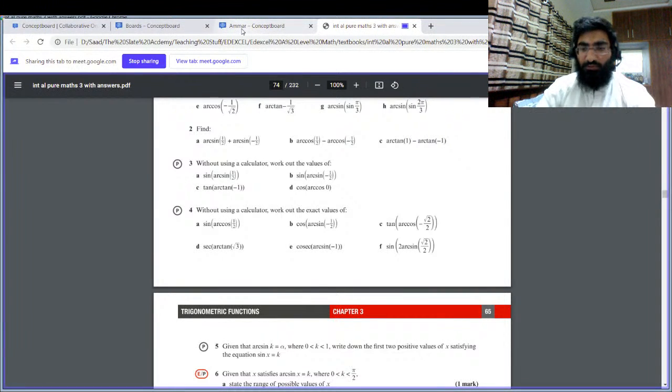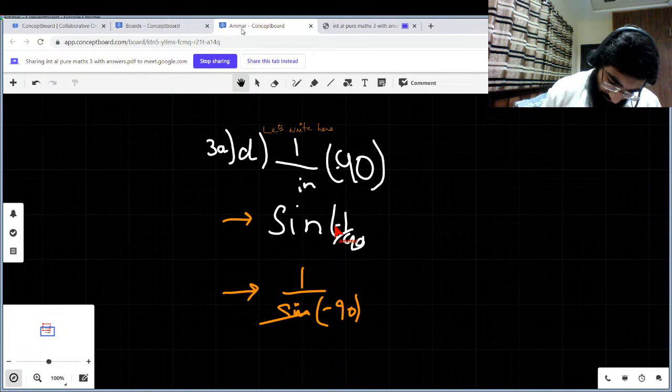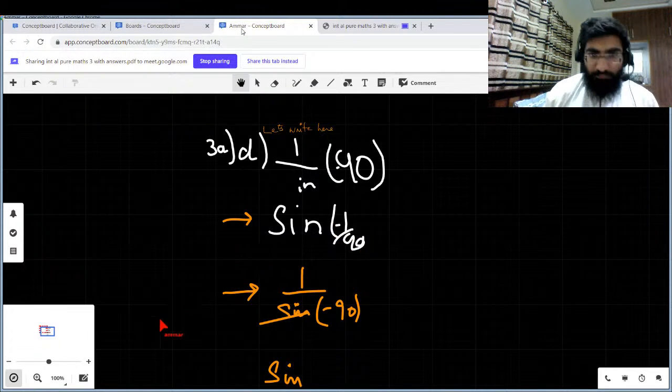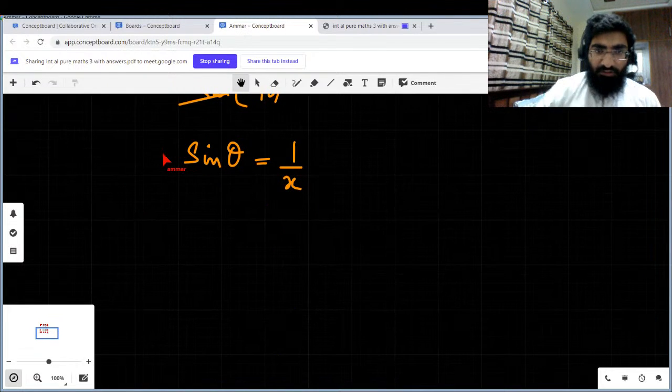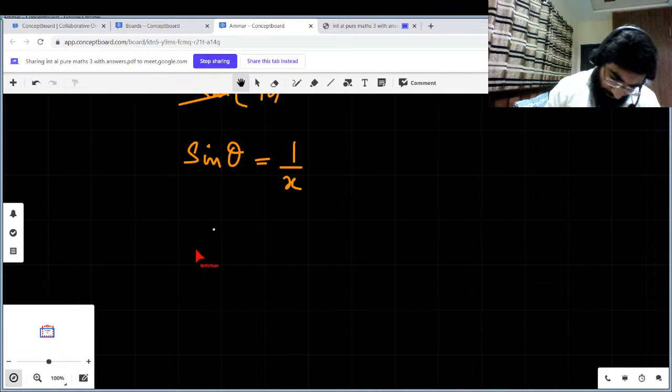So see, we have got this expression: sine theta is equal to 1 by x. If sine theta is equal to 1 by x, then theta is equal to sine inverse of 1 by x. That's one thing we can say.